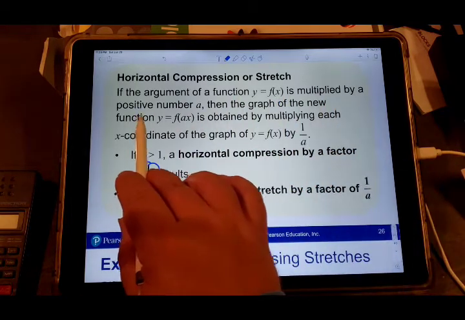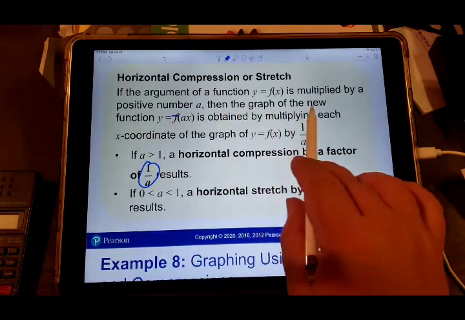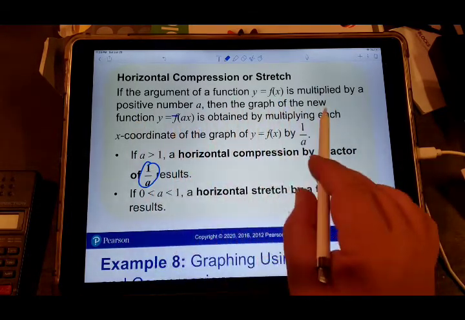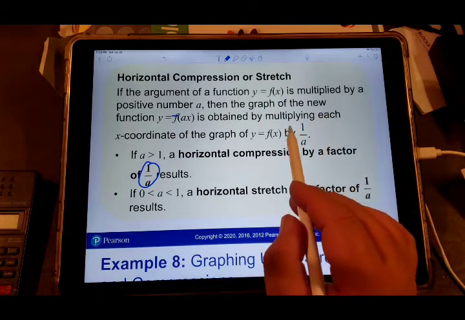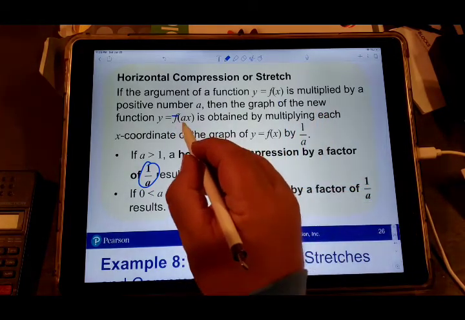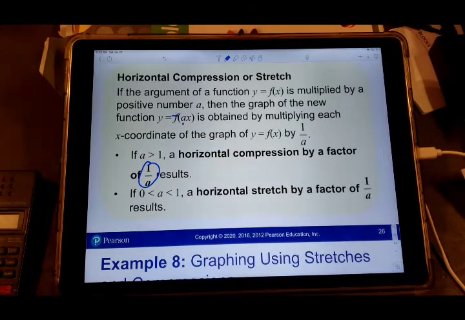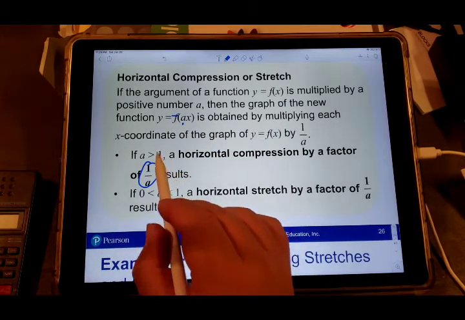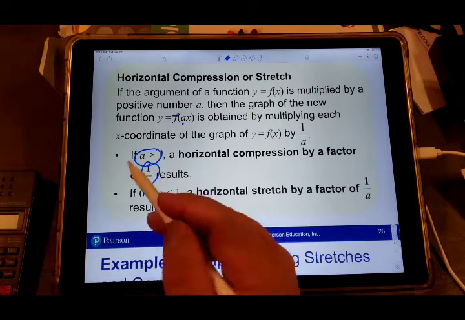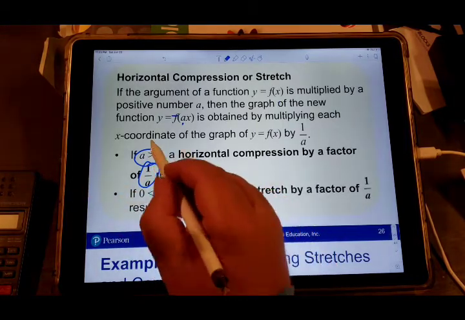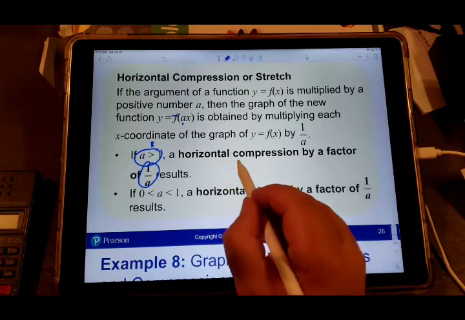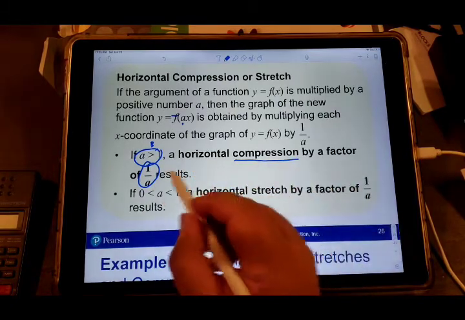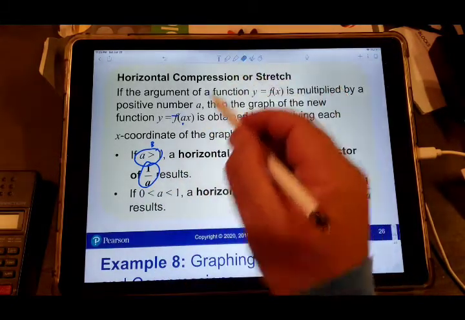If it's multiplied by a positive number a, the new graph, all right, so you multiply it by a, and if a is a positive number, let's say a is 3. If a is 3, notice what it's saying. It's a compression by a factor of 1/3.